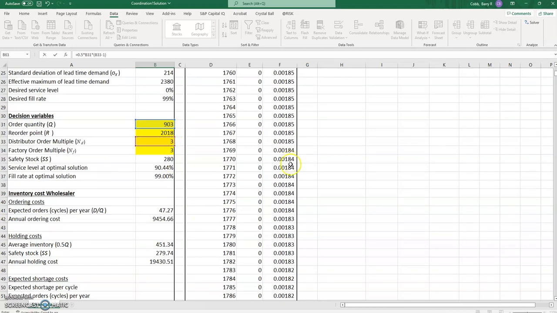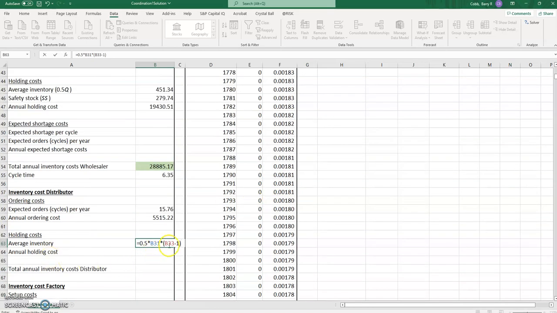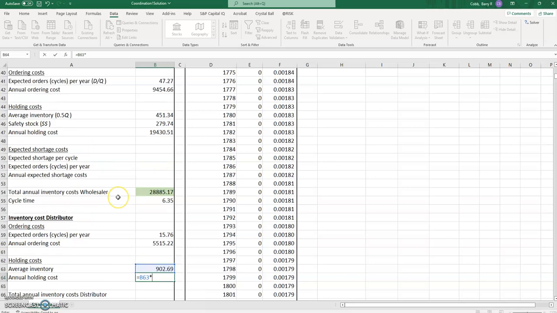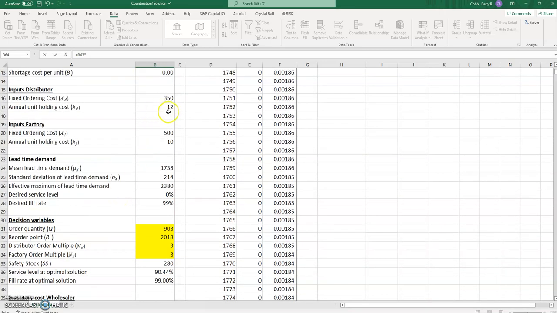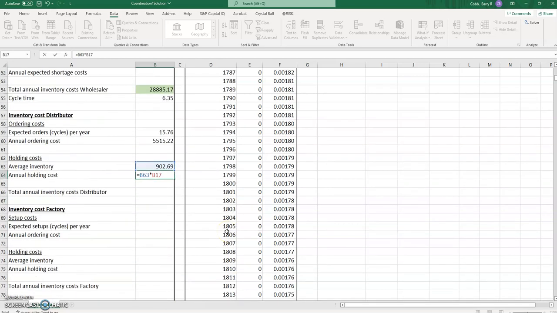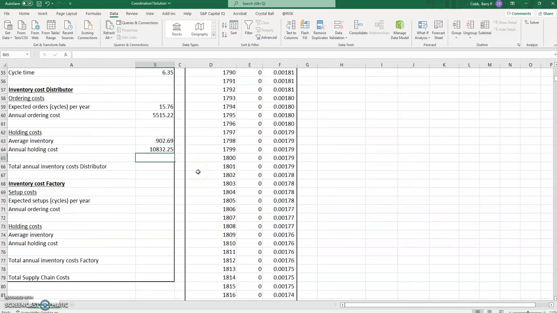But we're going to subtract 1 from that amount, because what we'll see is that the first Q units are never going to be held by the distributor. They'll just be passed directly on to the wholesaler. And so then the distributor will only hold what's left. So then the average inventory is multiplied by the distributor's annual holding cost. The total inventory costs for the distributor are the ordering costs plus the holding cost.